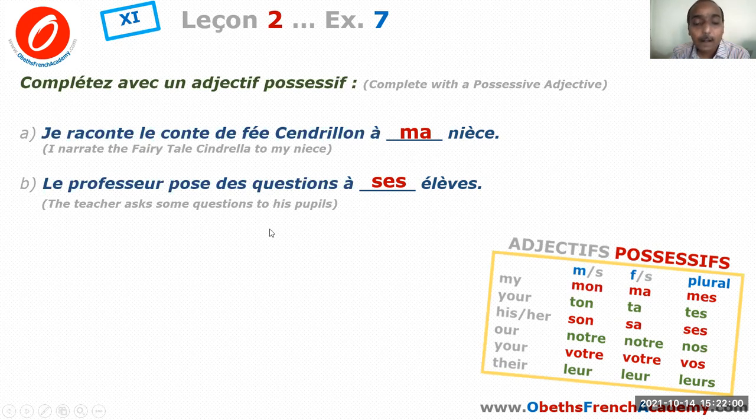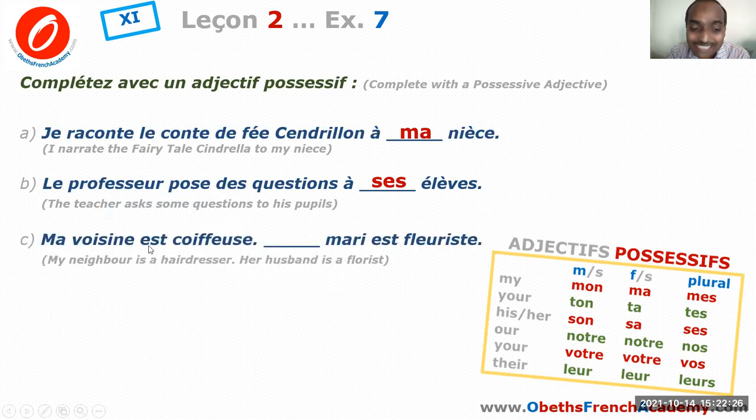Why his? Because in the subject you're talking about third person masculine singular, the teacher. He is asking some questions to his pupils. So why have we chosen SES as his? It can be SON or SA or SES, but why SES? Because after the dash the noun élève is in the plural form.